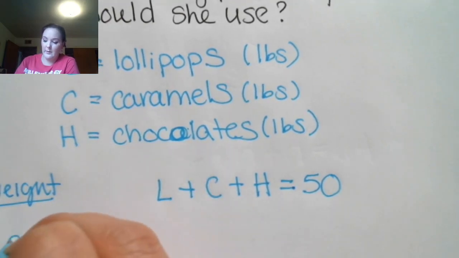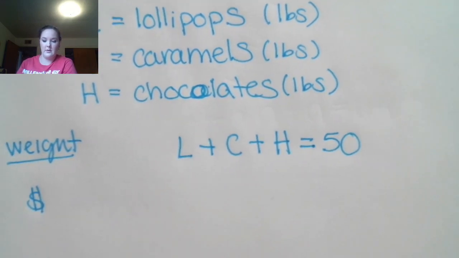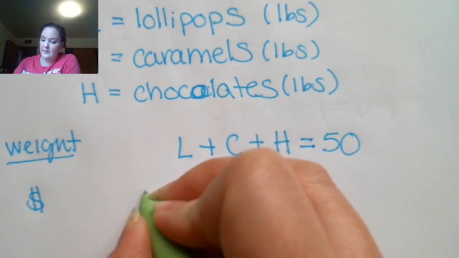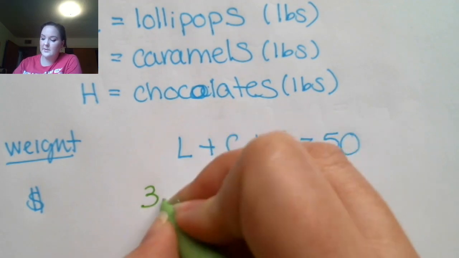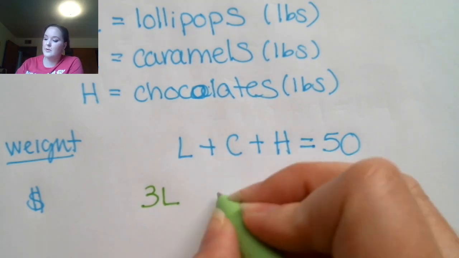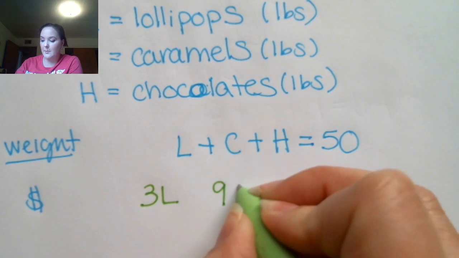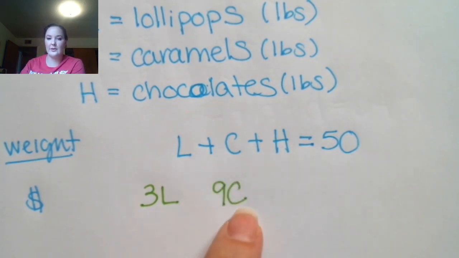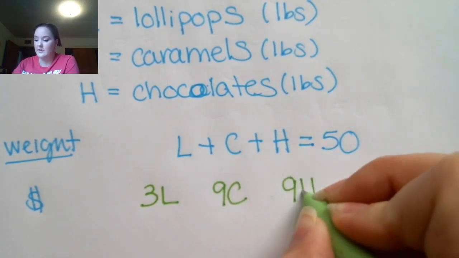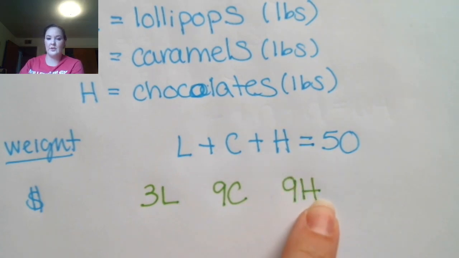Then we're going to write an equation about cost. The lollipops are worth $3 a pound. So $3 a pound times the number of pounds will give us the total value of just the lollipops. Then for the caramels, we would have $9 a pound times the number of pounds, giving the total value of just the caramels. Then for the chocolates, they're $9 a pound times the number of pounds, so that's the total value of the chocolates.